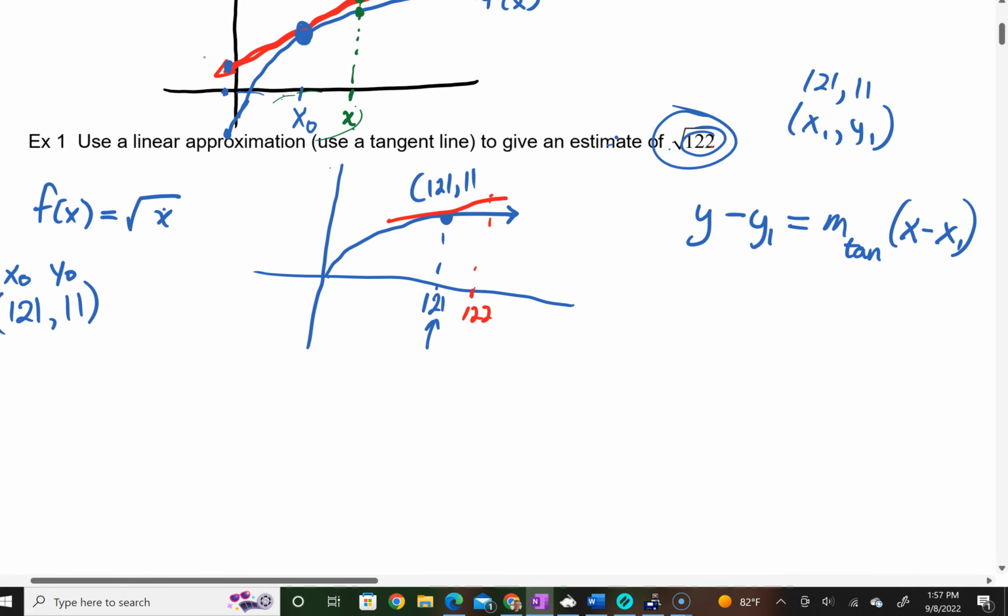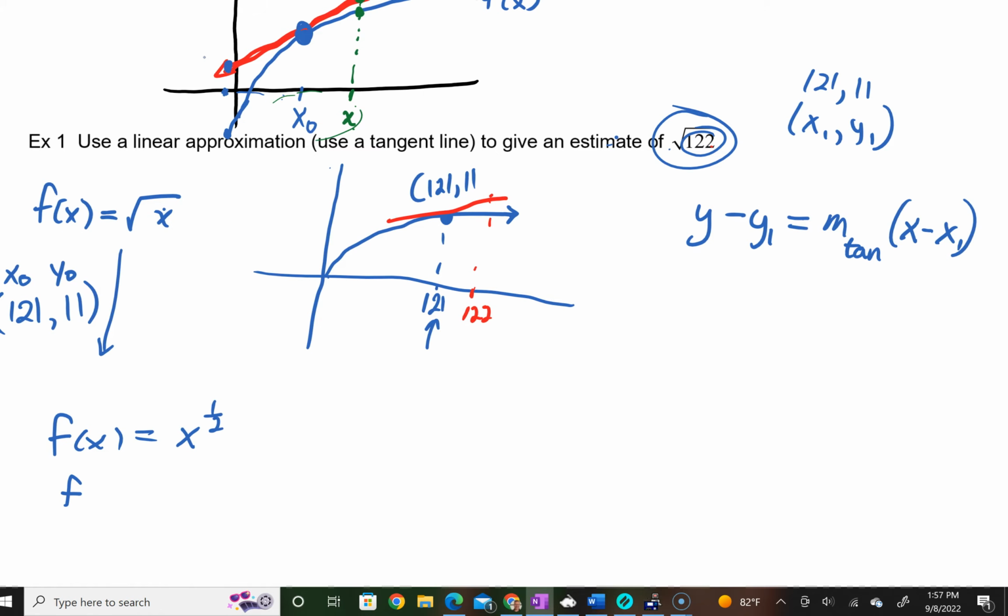So we're going to have to do a little bit of work. What's the slope of the tangent line? Well, it's the derivative. So I'm going to say f of x is x to the 1/2. And this is such a famous derivative, it's actually well worth memorizing. The derivative of x to the 1/2, you bring down your 1/2, subtract a 1 here, you'll be at negative 1/2.